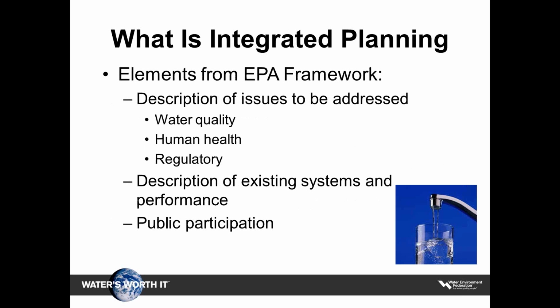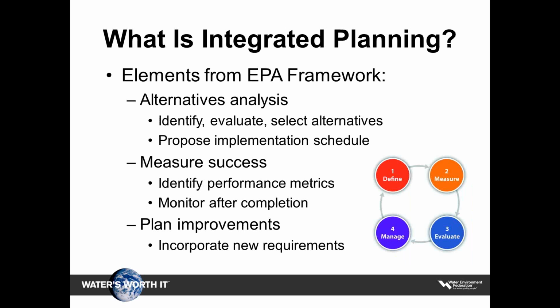So what is in the integrated planning initiative itself? The framework elements I'm going to highlight here: they first ask you to talk about the issues that you're going to address in terms of water quality and human health impacts and regulatory issues that you need to deal with. They ask for a description of existing systems and performance, so where are you now? They ask you to put a public participation plan in place to accept public input as you work through the issues.